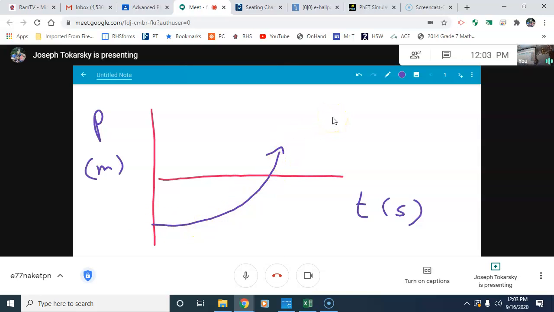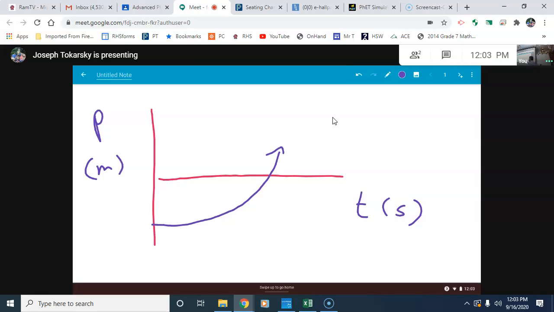But just be careful. I know it's in negative positions all down in this quadrant, but even though they have negative positions, this object is still speeding up towards the positive, right? It's going towards positive, so that makes it a speeding up acceleration in the positive direction.